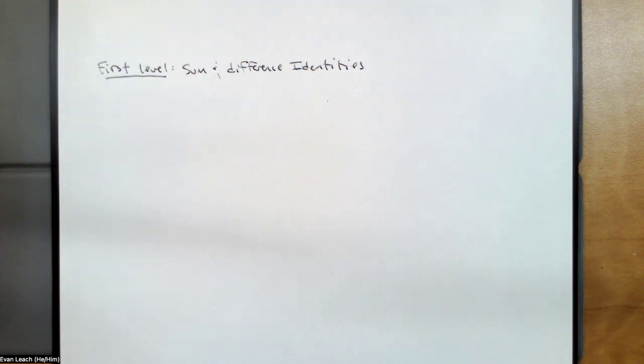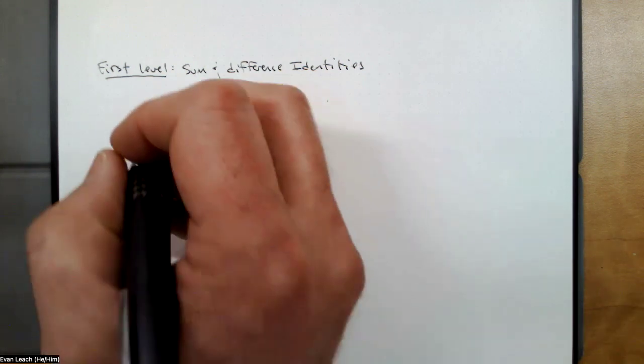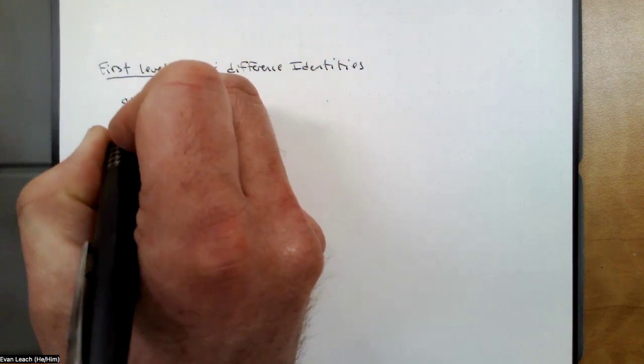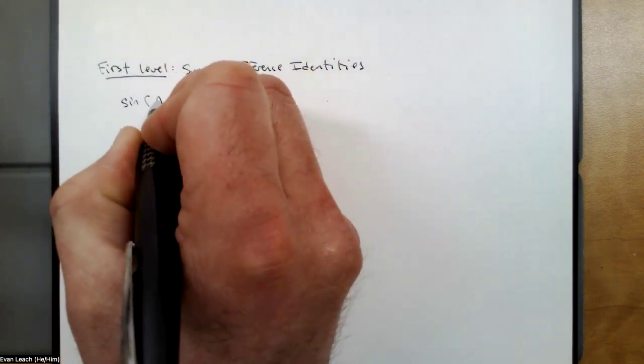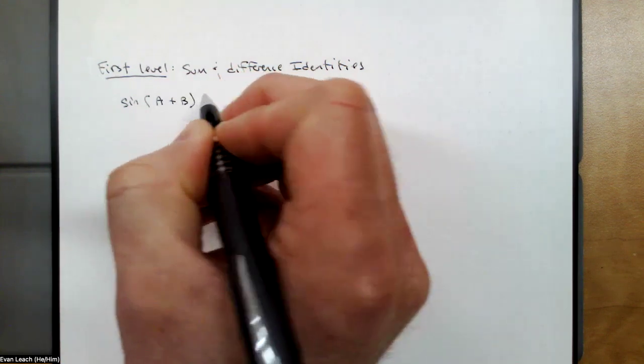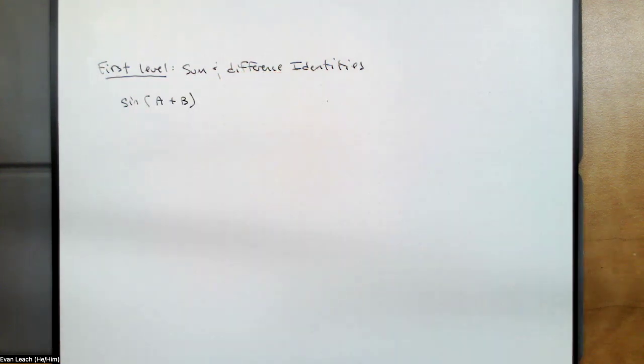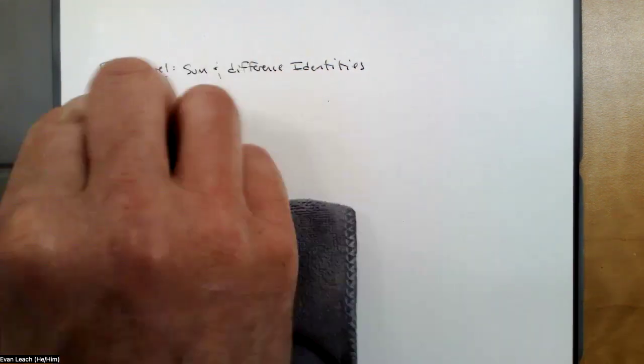At the first level, we have sum and difference identities. This is when we have a trig function applied to a sum or a difference. We were doing capitals for our angles.